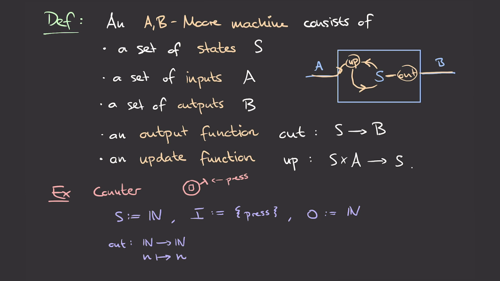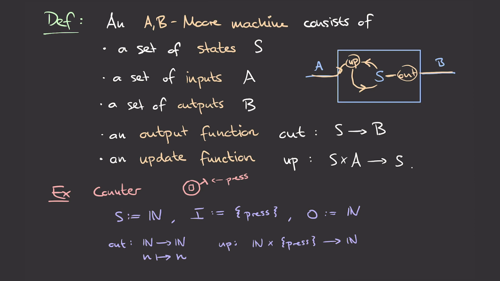Okay, let's next turn to the update function. So the update function up goes from the set of states cross our inputs to the set of states. In our case, this will be a function from the natural numbers cross this singleton set which contains the element press to the natural numbers. Now the update function will model the dynamics of our system.